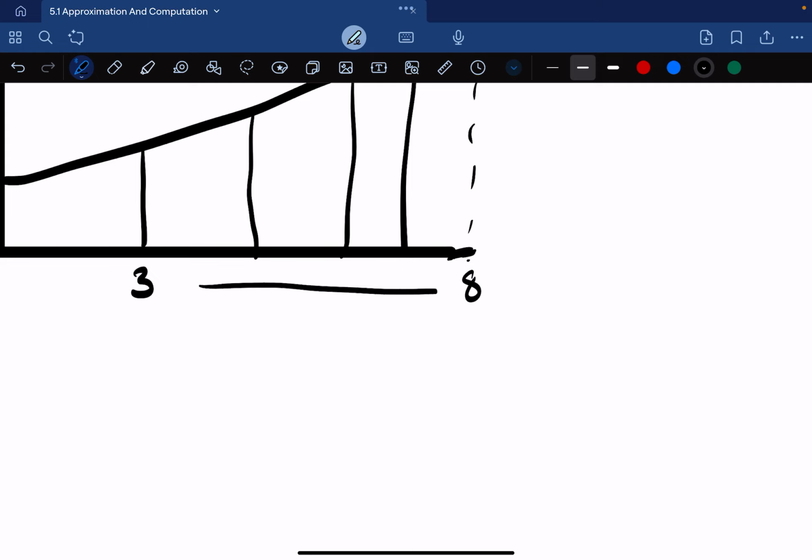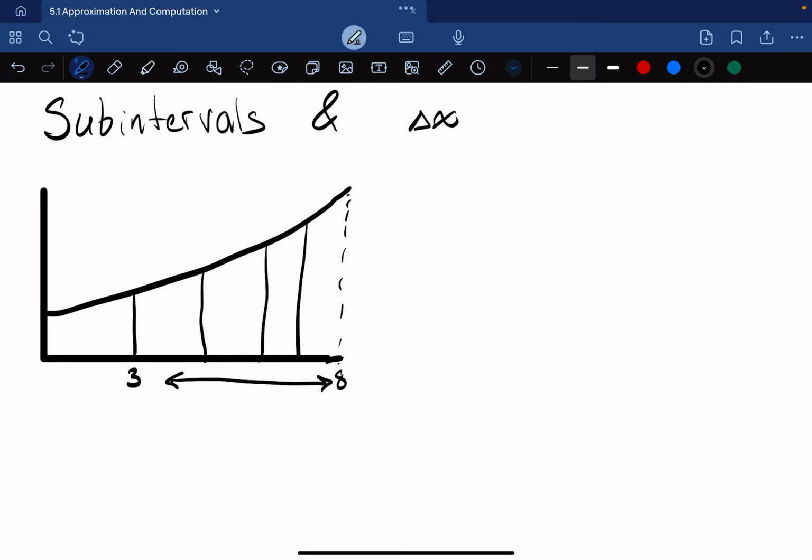So the overall interval is from 3 to 8, okay? That is the overall interval, the total interval, but that is specifically only for this question.